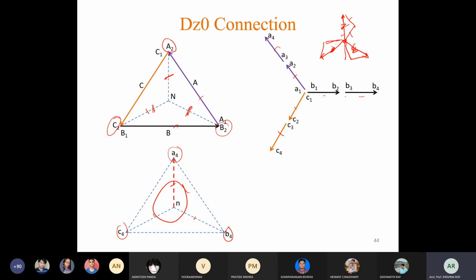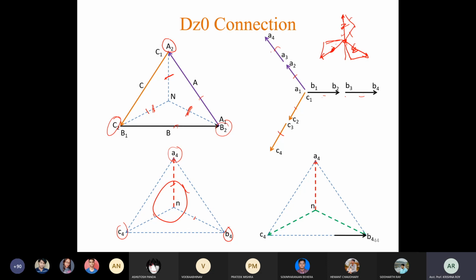Okay, so how to make this star? Using these phases only. So first of all, take this one. So here to make this B4, we can draw this phasor, or we can shift this phasor from this position to this position, and that is parallel shifting. No problem with that, that is permissible.